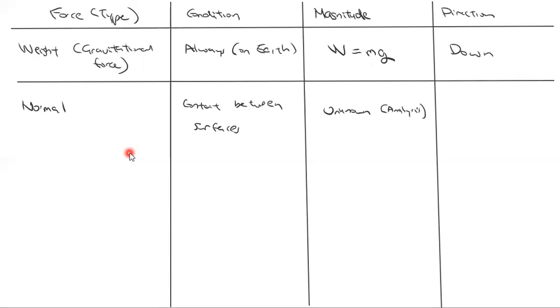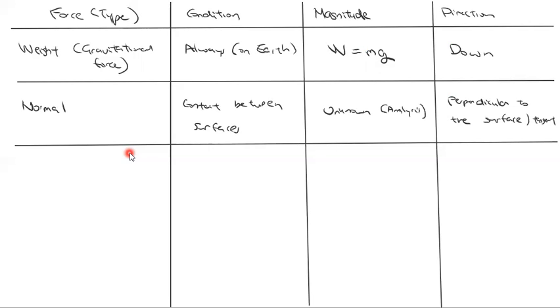And that direction, importantly, is always perpendicular to the surface. If you have a curved surface, then it's perpendicular to the tangent to the surface. Does it make sense? Good.